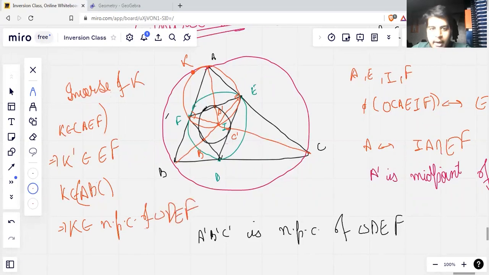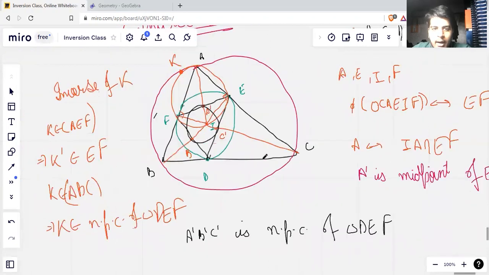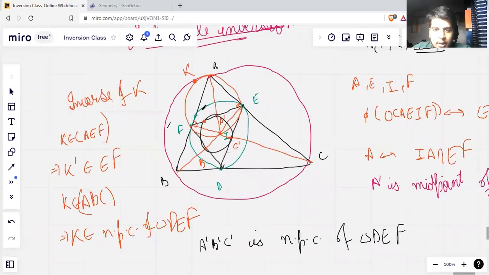It means it's a point lying on the 9-point circle of DEF and lying on EF. So this is basically this point, K dash. And since midpoints and the feet of altitudes lie on the NPC, we already have the midpoint, so this should be the foot of altitude.